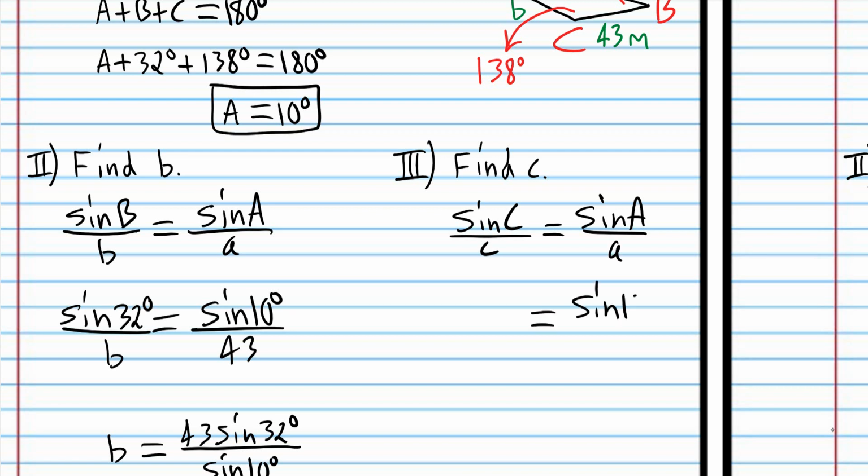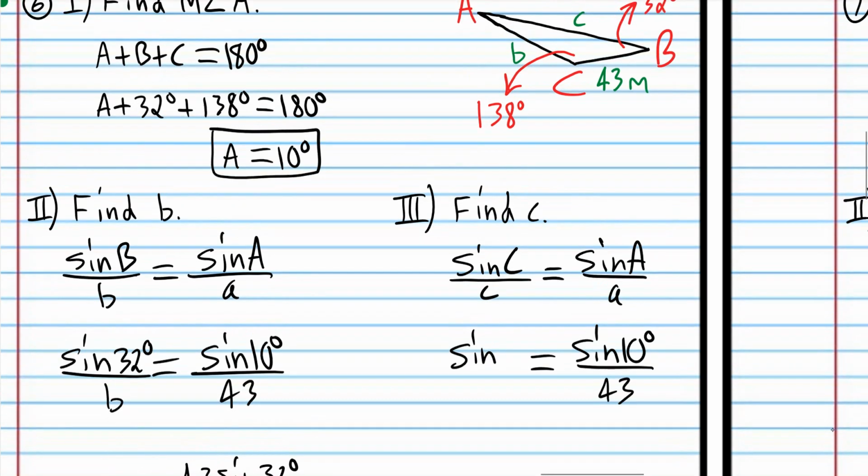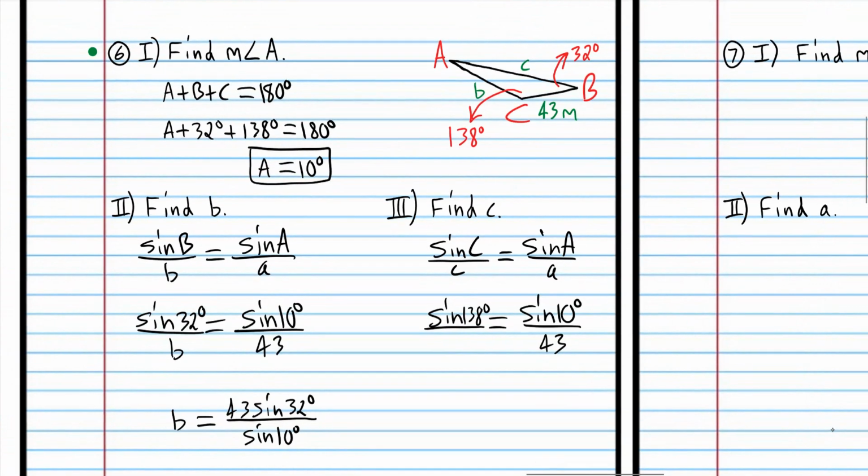So that's sine 10 degrees over 43 is equal to sine C, and C is 138 degrees, over side C.